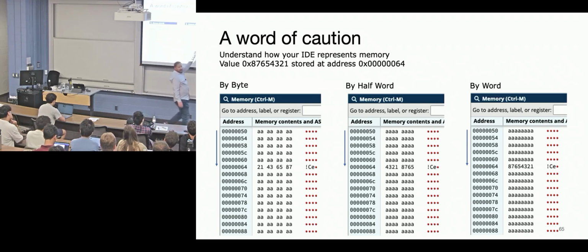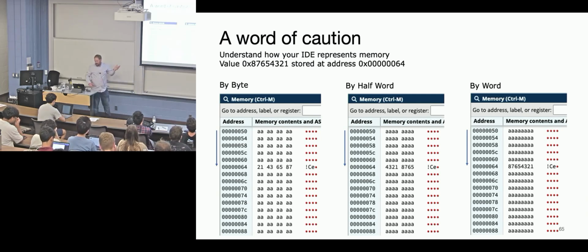And so given our last example, this would be the word representation, but it changed the word order around in the IDE if I did half word and byte because of what it considers the next address, right? So you can see here that they've swapped it a little bit. So you just have to keep track as you're going through homework, looking at exam questions, using your IDE.